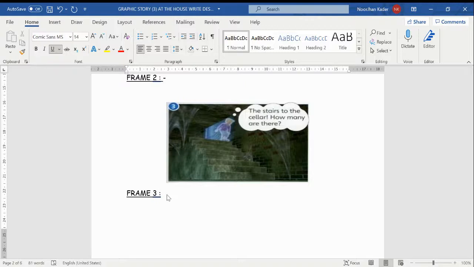So what you can do is you can open here. I'm sorry, not you type. So this is also a description. So I'm going to type this here. The stairs to the cellar.